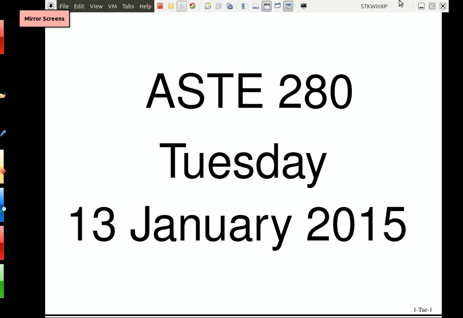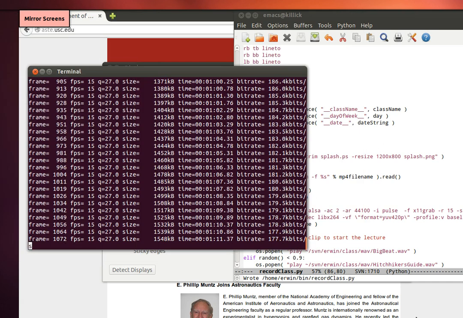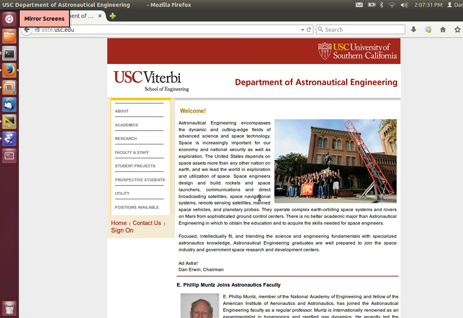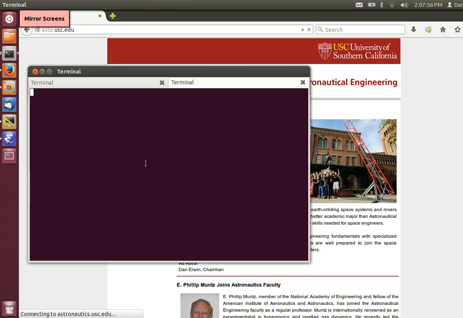Okay, so to begin with, let me figure out the thing about the class website and how this stuff works. Right now, this is just the regular astronautics website, and this is what the world sees. If you click this sign on thing, then it should prompt you to... What's going on with my net connection? Oh, look, it thinks I have no net connection. How cool.